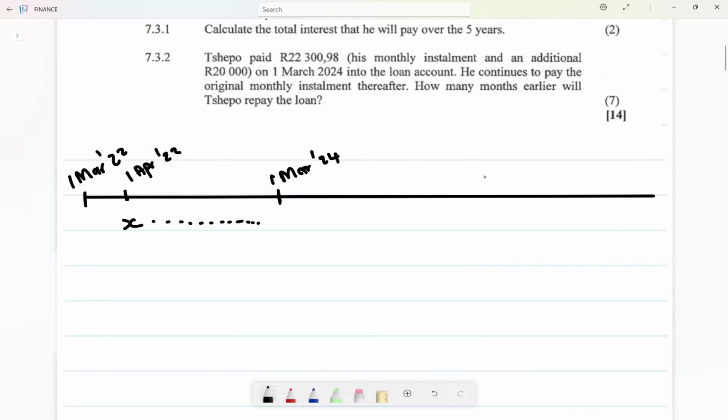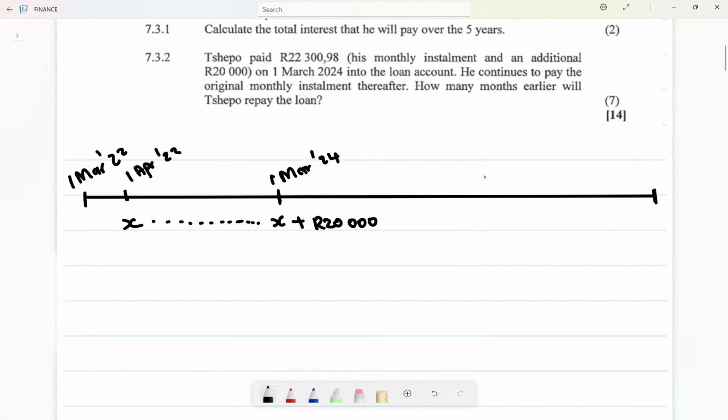He paid 22,300.08, which is his monthly installment, plus an additional 20,000. And then they tell you he continues to pay the original monthly installment thereafter.